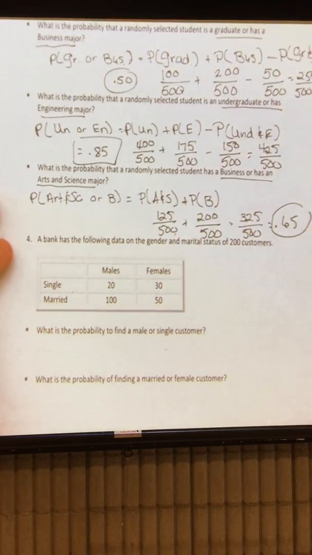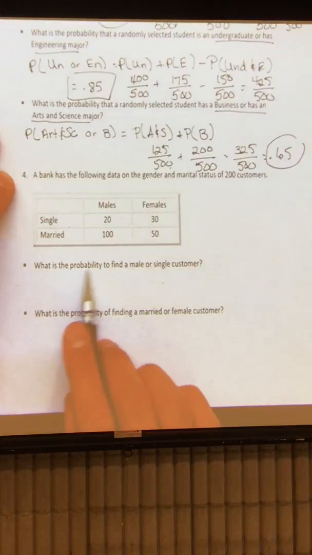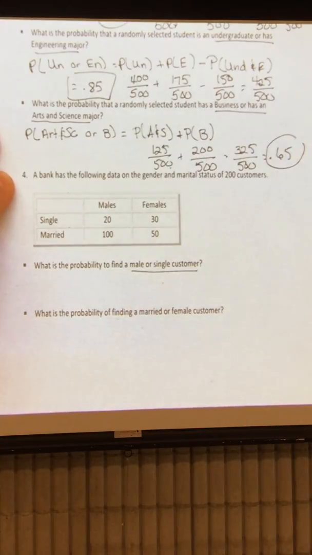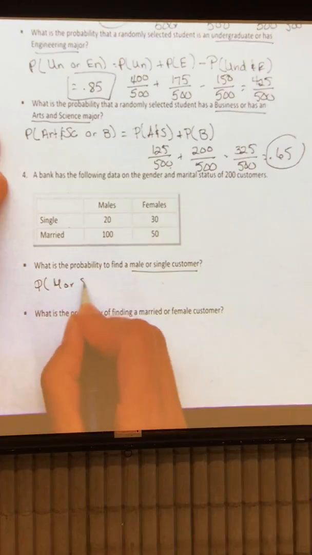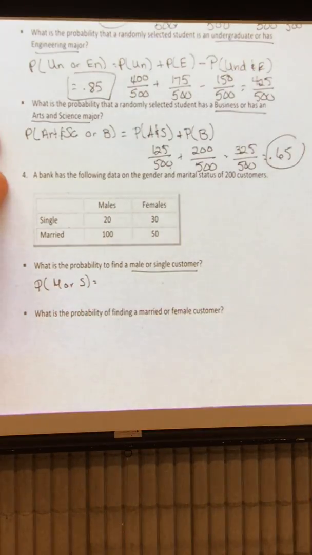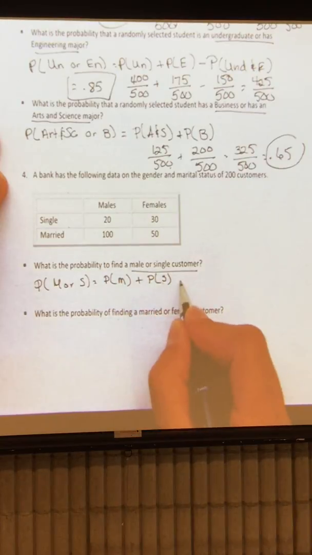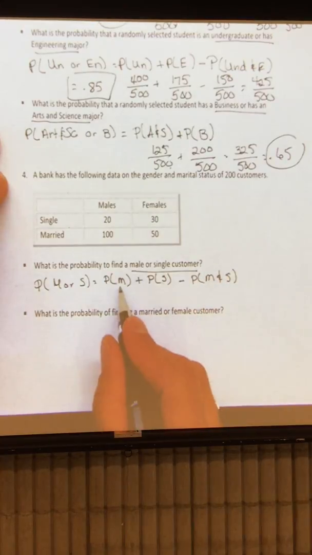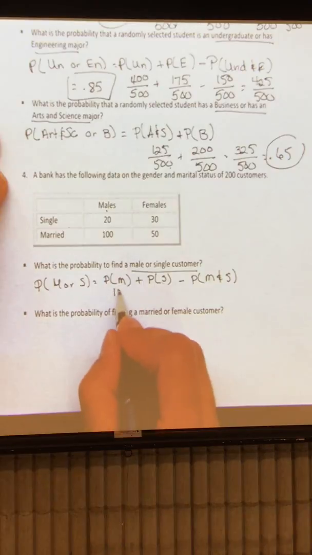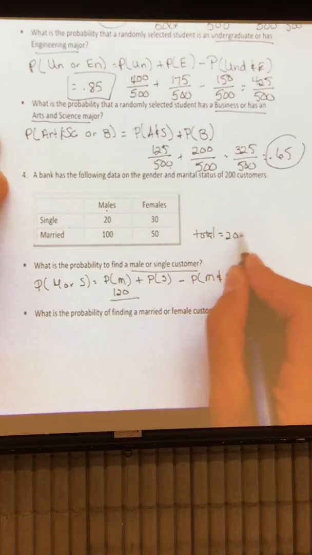And number 4, what is the probability of finding a male or a single customer? So the probability of male or single is the probability of male plus the probability of single minus both male and single. For males, you have a total of 120 males over the total, and adding that up you have 200.